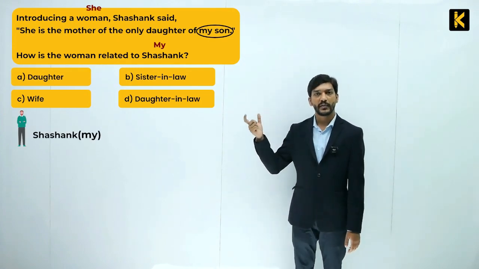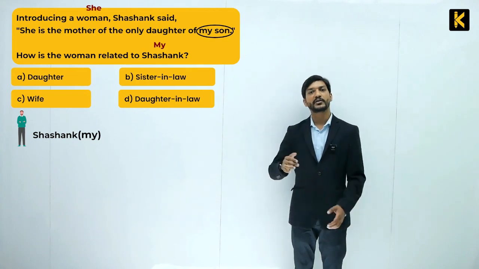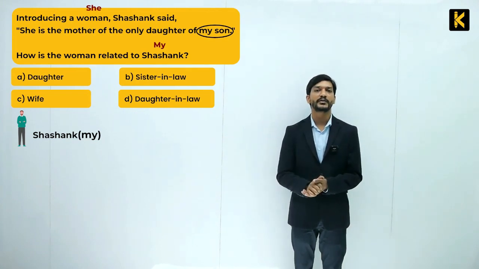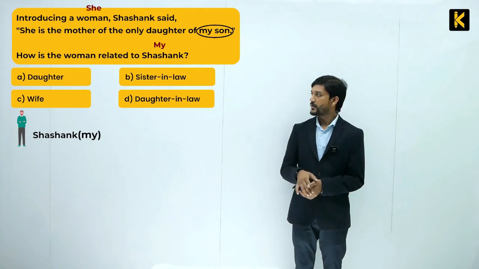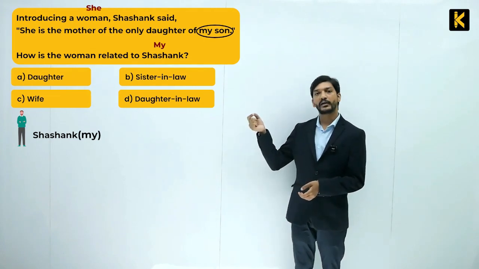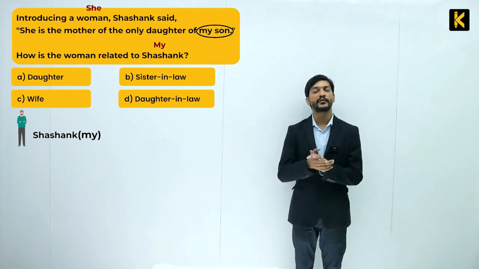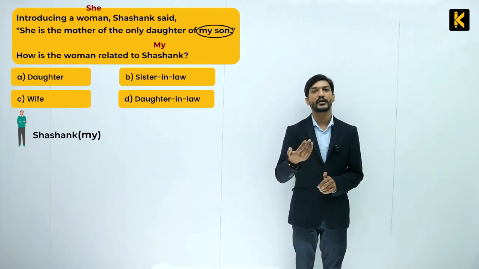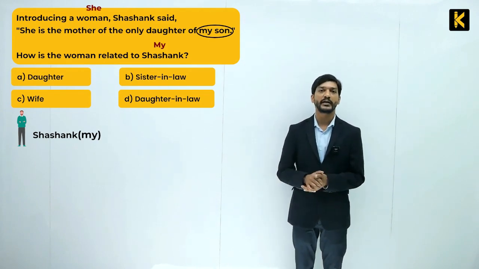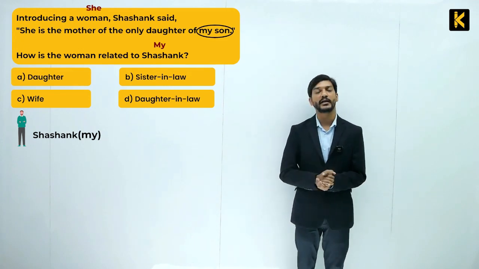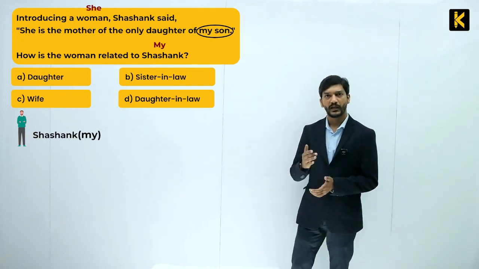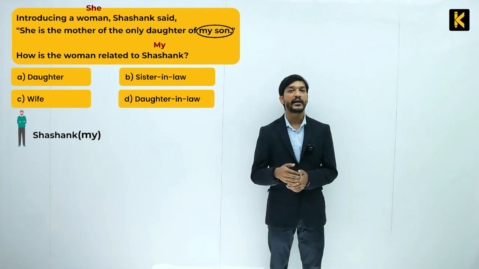So I am taking a man, his name is Shashank, and for that person the word my is used. So in the bracket, let me show my as well. So in the bracket I have written my, just for your convenience, to tell you that the word my is used for this person in the statement. Now I have to take my son.